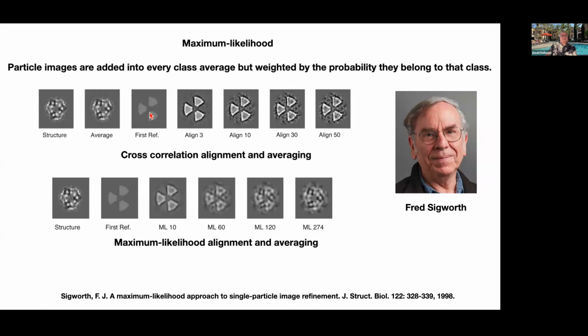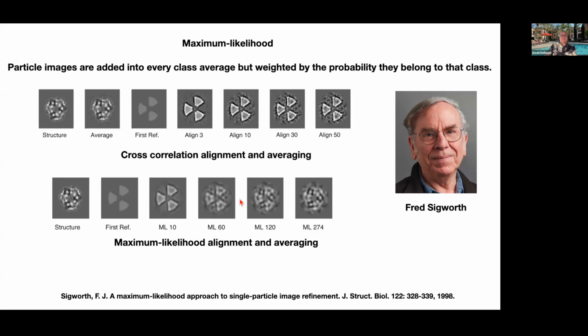The problem is you have reference bias, so that even as you try to extract this information from a field of structures with noise, you wind up eventually just getting back your initial reference. But if you use maximum likelihood, you avoid this pitfall.